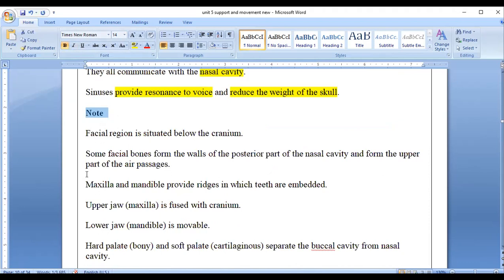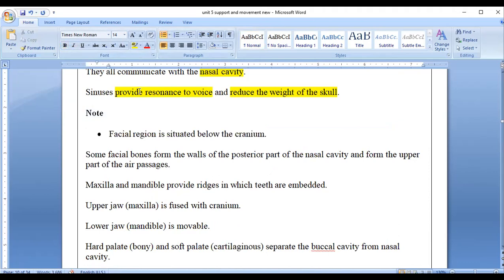In the note, I have to tell that the facial region is situated below the cranium. The cranium is the upper region, the face is the lower region.